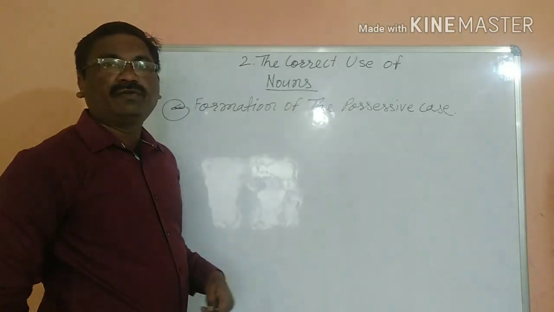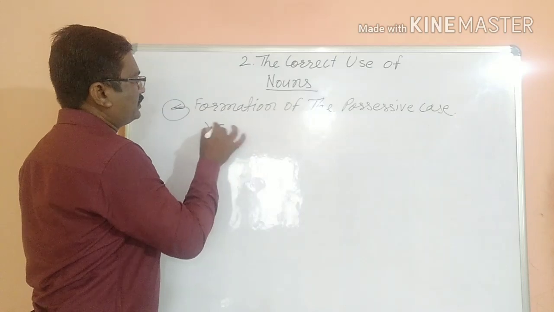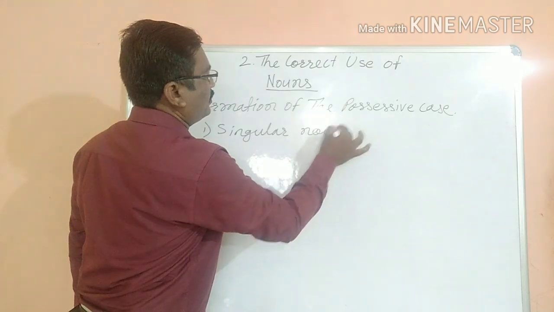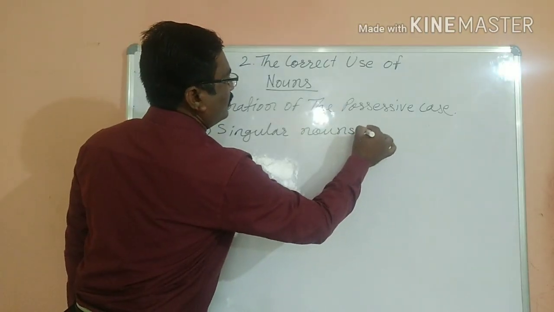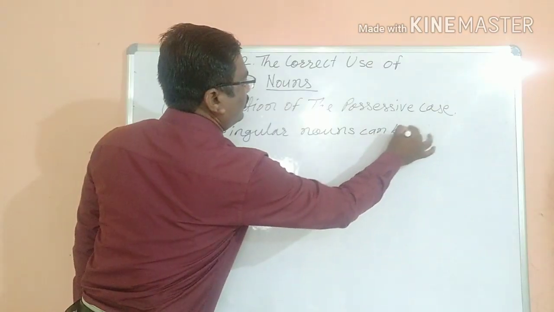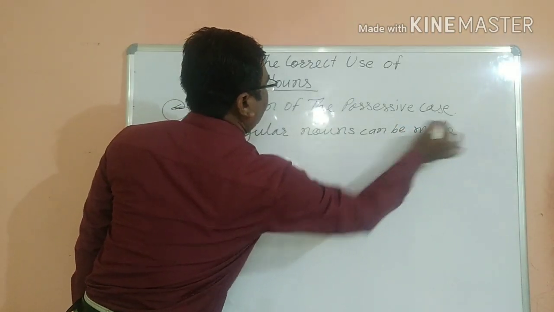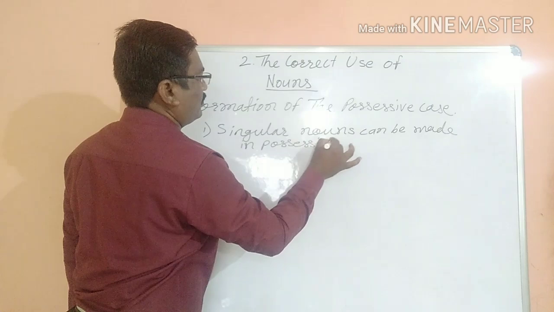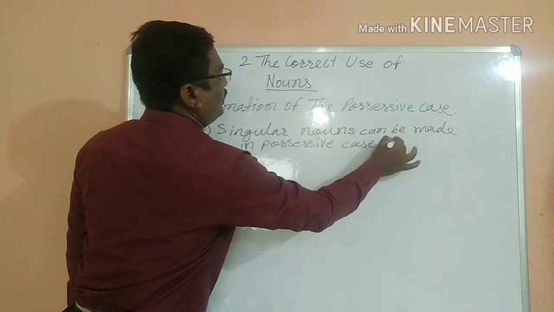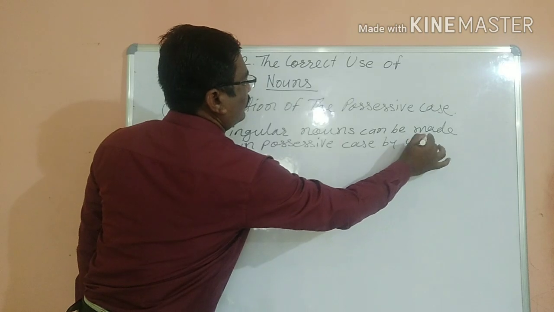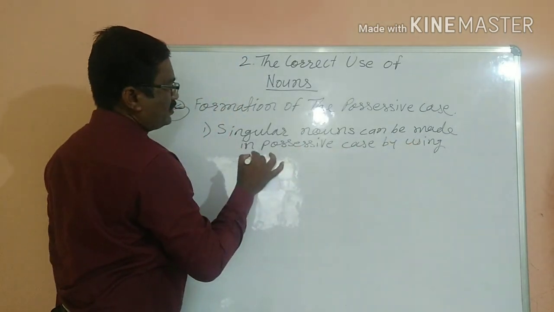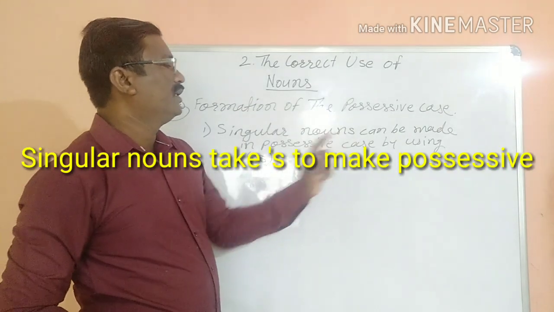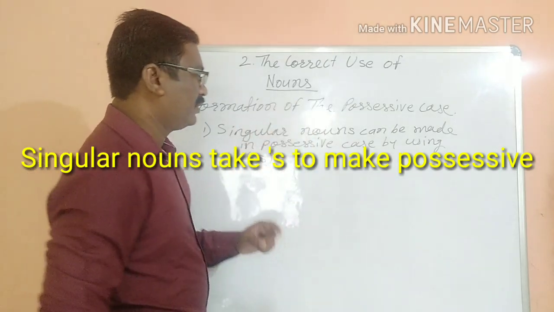As we have already seen one example, in the same way singular nouns can be made possessive by using apostrophe s.